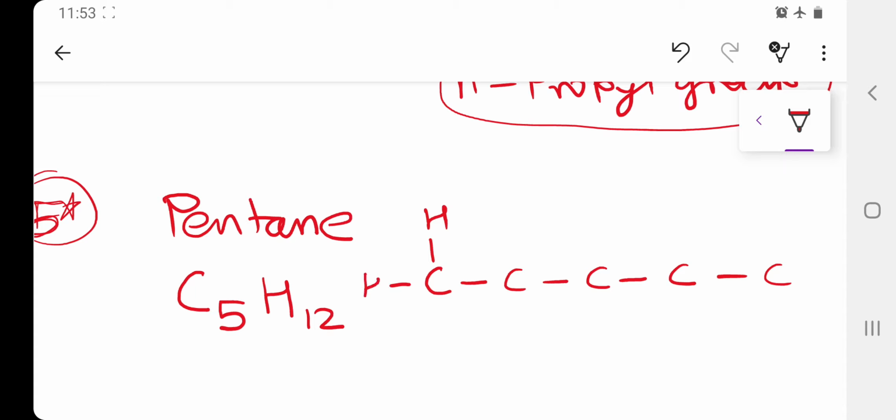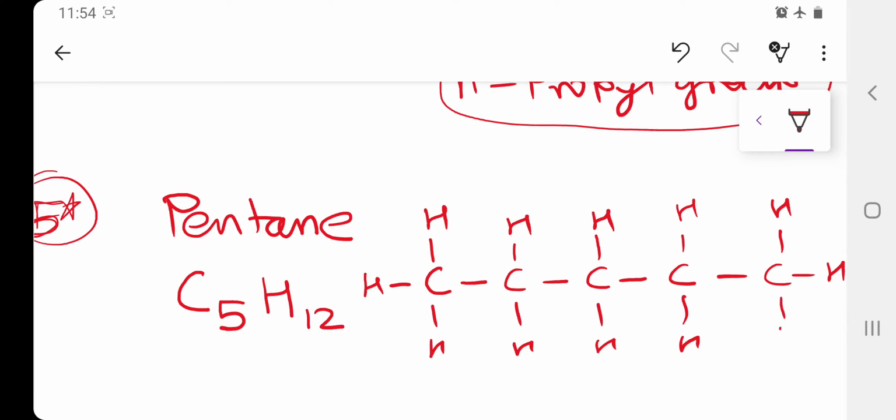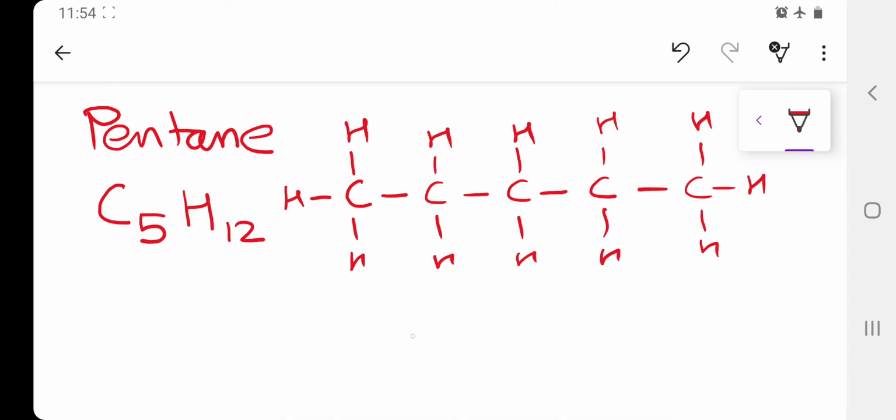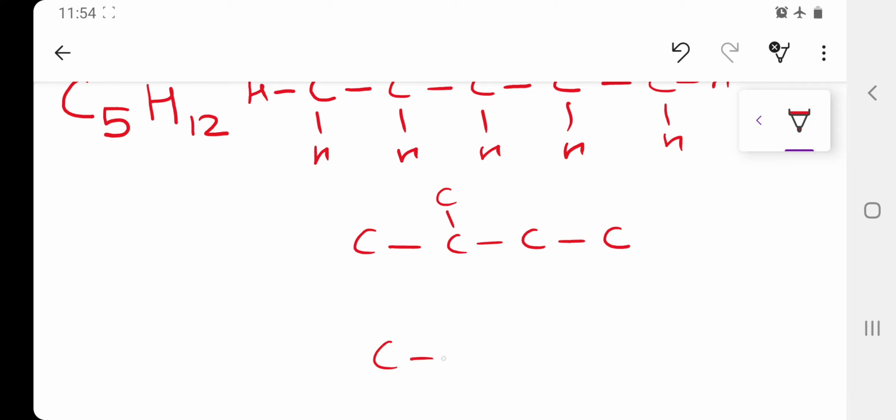So this straight chain pentane will be like this. Then pentane type will be what? 3 types of pentane. Another pentane type will be like this. And another pentane type will be like what? This.